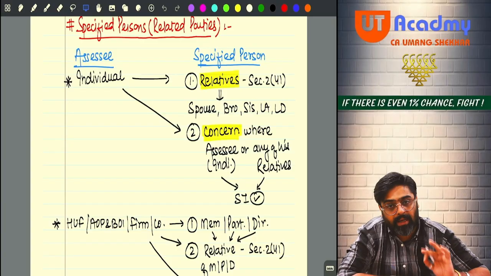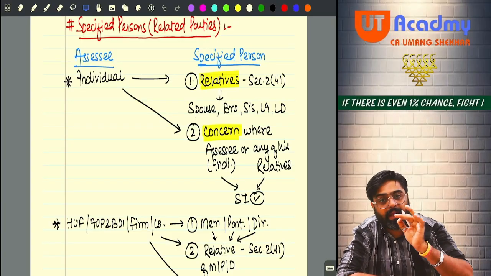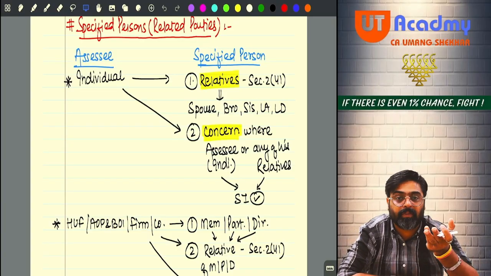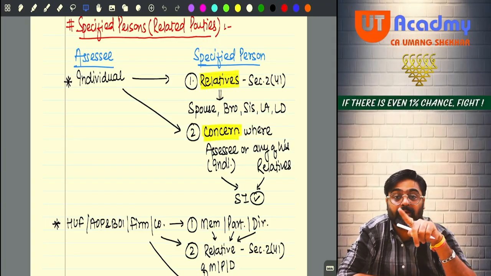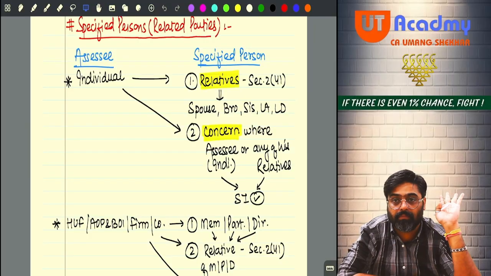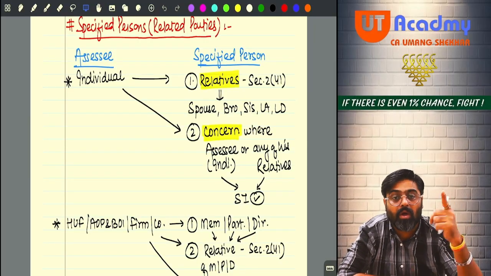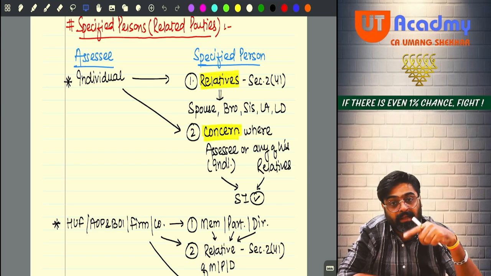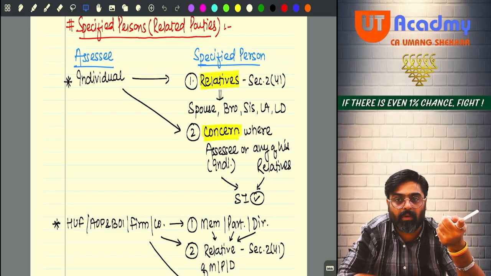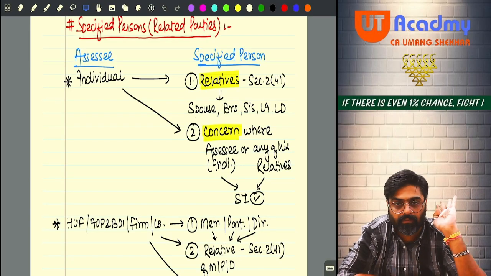relatives. And if I have made any payment for my business expense to any of these relatives, then the payment should be a reasonable amount. If any payment made to them is unreasonable, or in excess of reasonable amount, that excess amount or that unreasonable amount as per 40A2 will be disallowed.